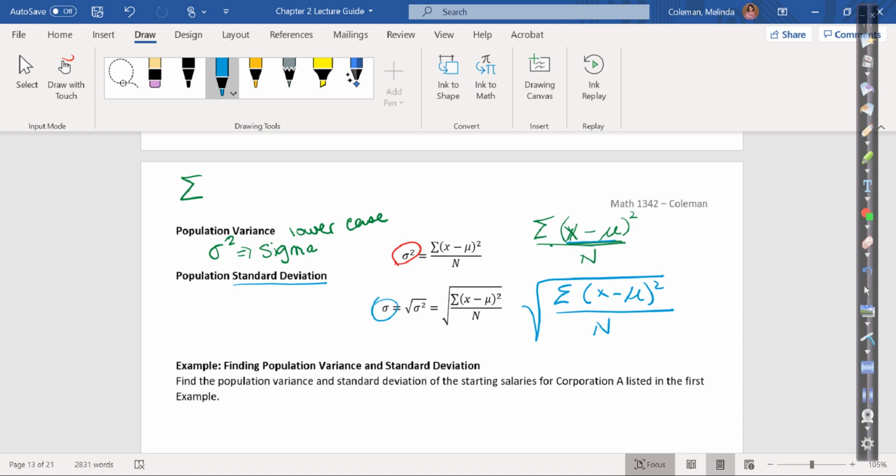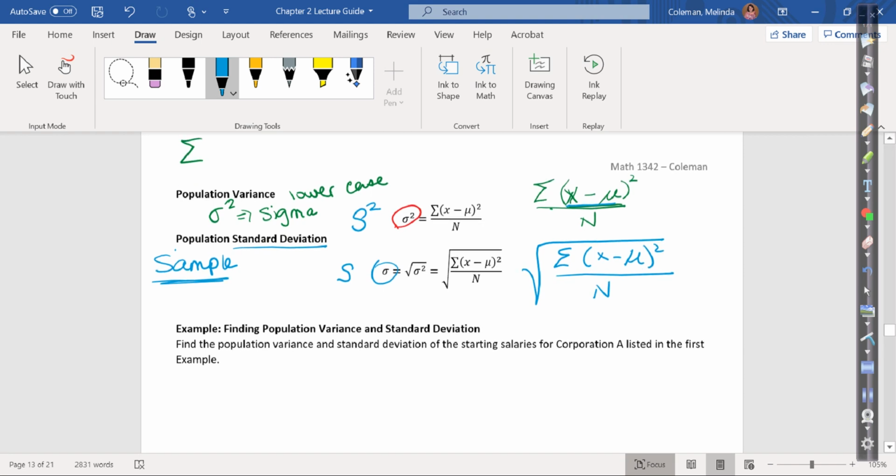If you're doing sample variance or sample standard deviation, they use s squared here and just s for the deviation. So sample is going to use the s, the population is going to use the Greek letters.